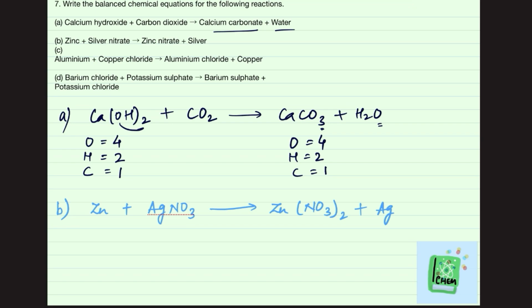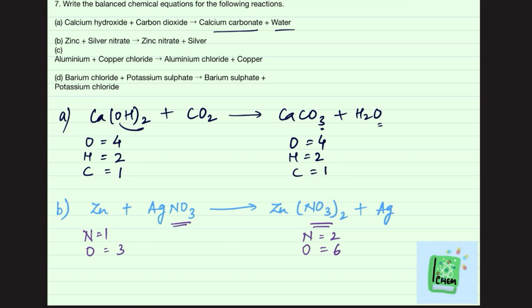Number of silver atoms is 1, but number of nitrate ions, यहाँ पे 2 nitrate ions हैं. Reactant side में there is only 1 nitrate ion. Or it can also be said that on the reactant side number of nitrogens is 1 and number of oxygen is 3, whereas on the product side number of nitrogens is 2 and number of oxygen atoms is 6, just the double.